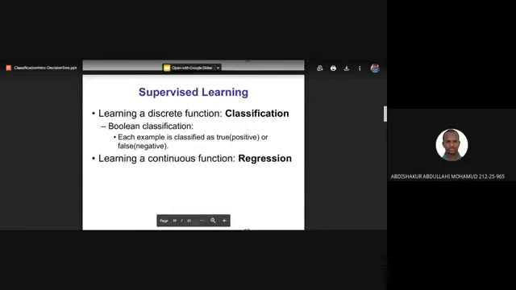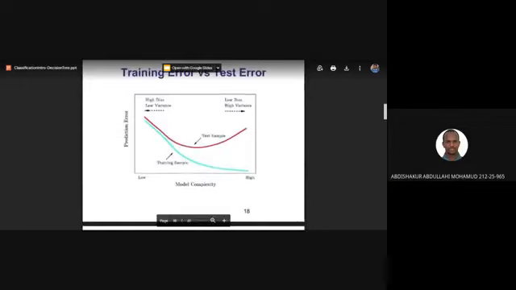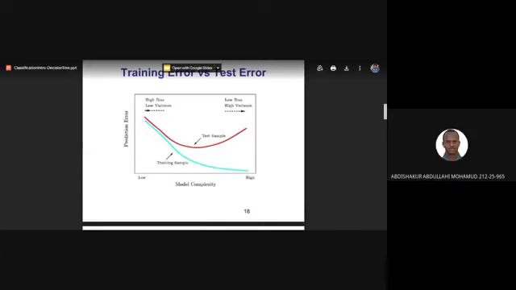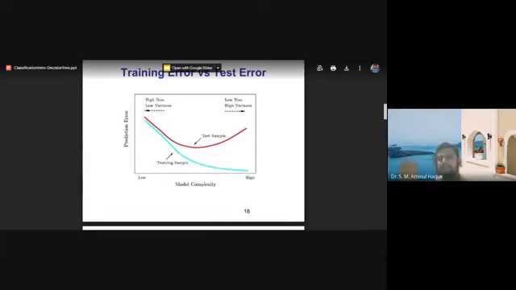When the complexity is high, what is it, and when the model complexity is low? Yes, your question is about when the model complexity is high and when it is low.